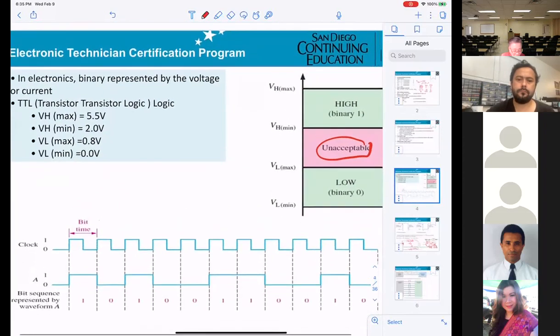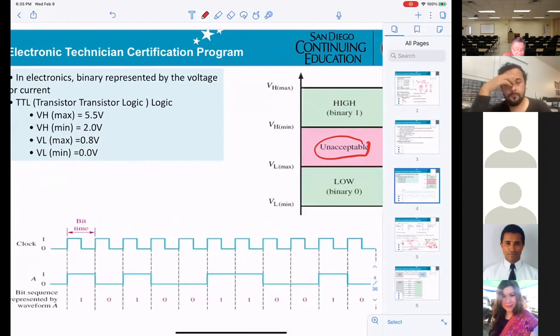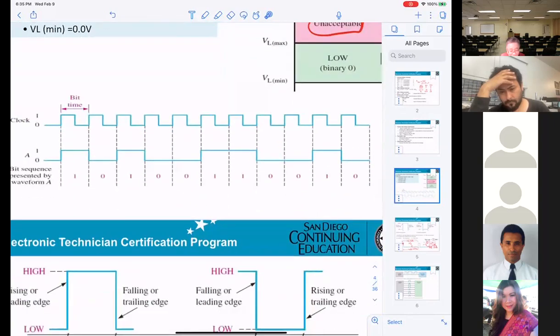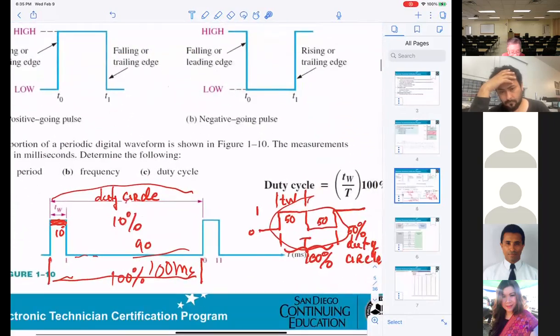They're telling you the clock right here. You see that? 50 high, 50 low. And on this one, that's different. But most clocks must be the same, 50% duty cycle.